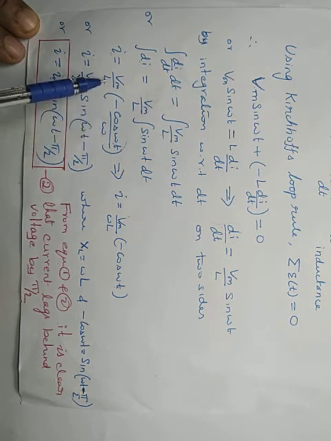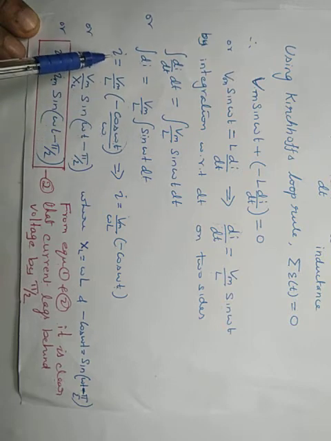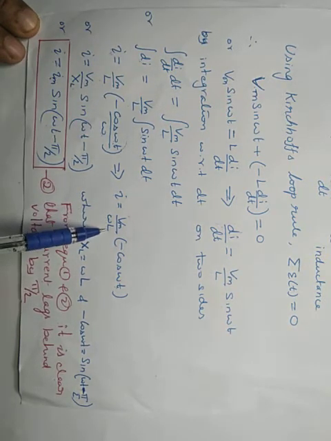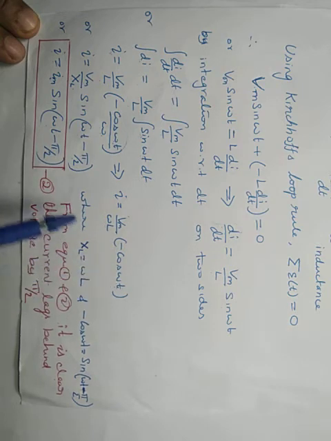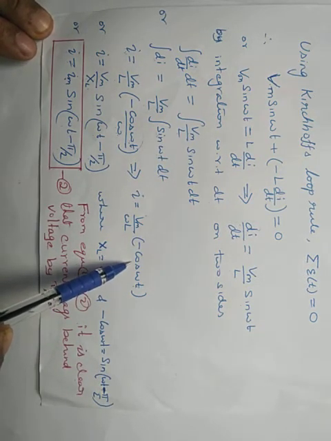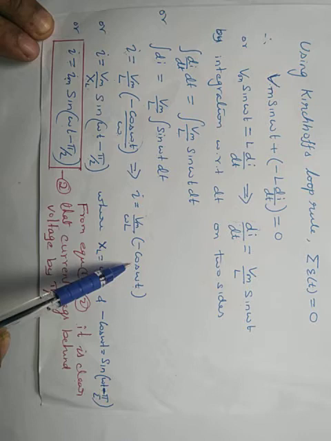Take this omega outside, and you can write this equation as I equal to Vm by omega L into minus cos omega t. So, we have a cosine function here, and we need to change it into a sine function.